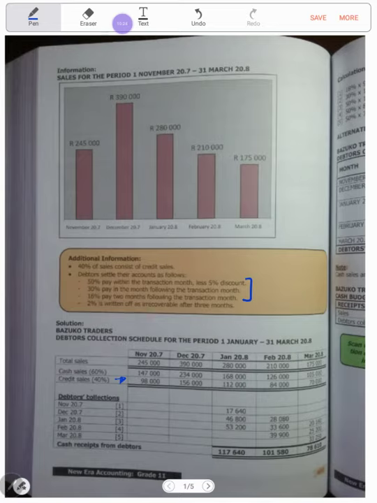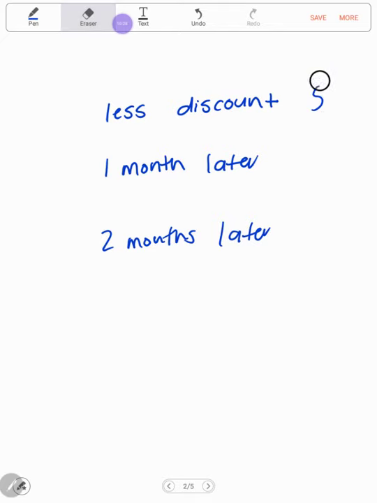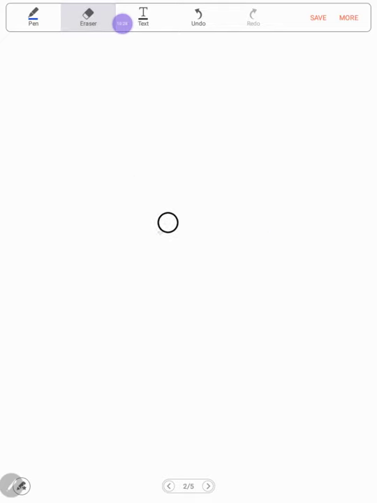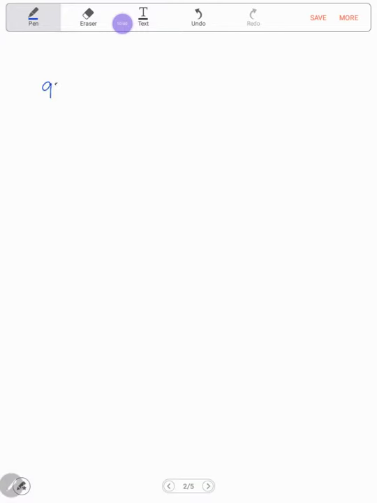All right, so let's do this. Let me take this away. So in November, our credit sales was 98,000. Do you see that? It was 98,000 Rand. That's our credit sales that we sold to our debtors.